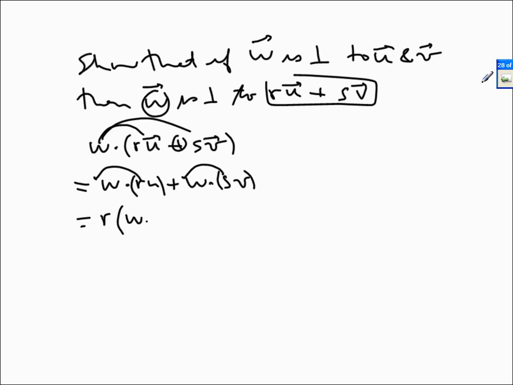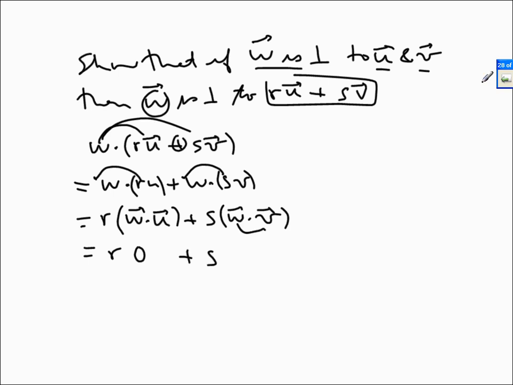This is R times W dot U plus S times W dot V. But W is perpendicular to U and V. So W dot U is 0 plus S times W dot V, and W and V are given to be perpendicular, so that's 0. So 0 plus 0, which is 0. That completes the theoretical exercises and this section.